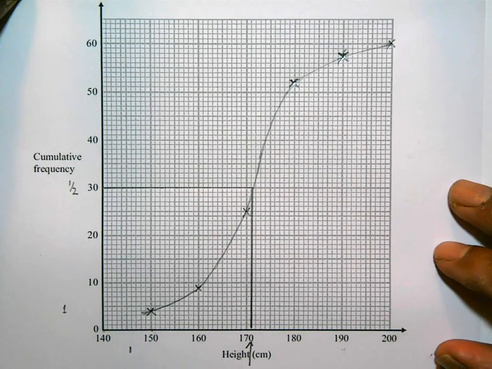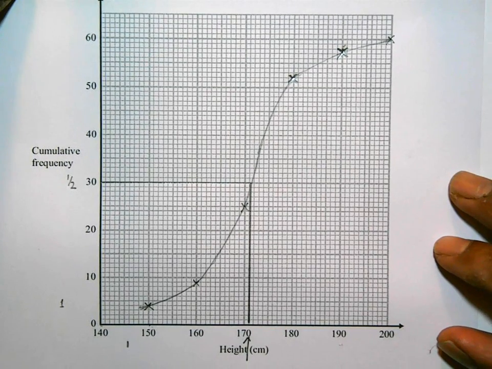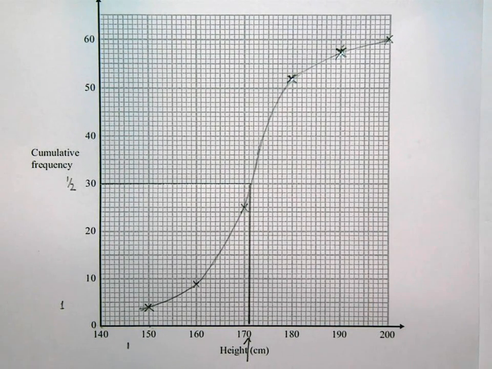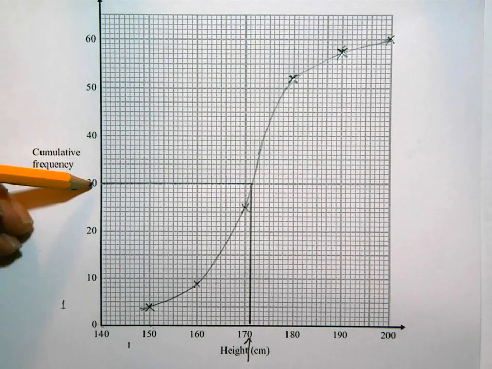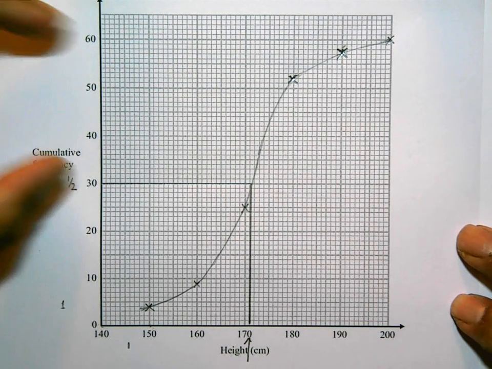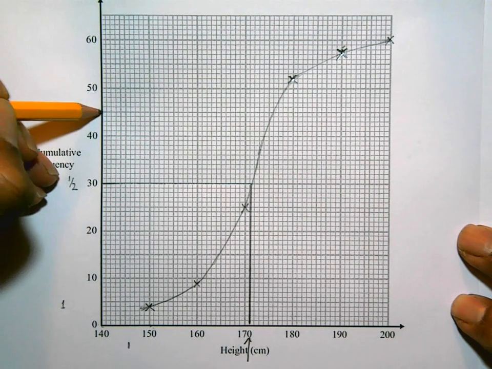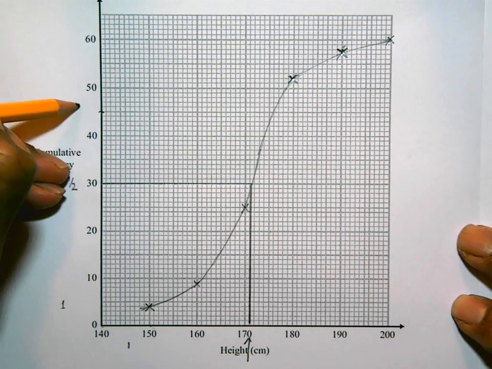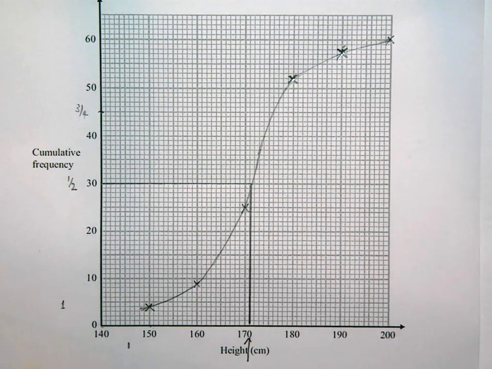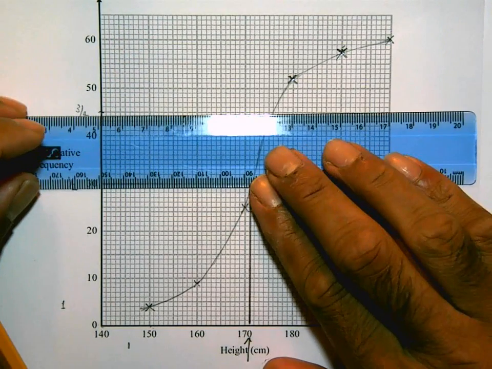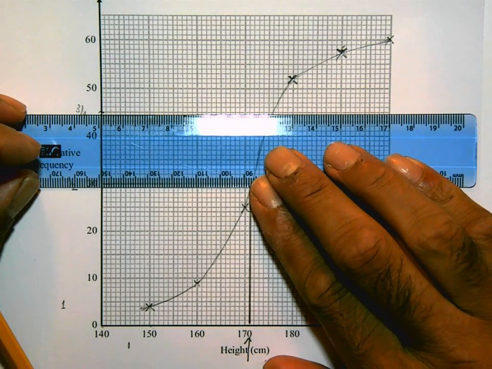To work out the upper quartile, I need to go 3/4 of the way, but given that I know that halfway between 30 and 60 will give me where I need to start off to find the upper quartile, that's 3/4 of the way along. So that's 45, and from there I need to go across and then down as I did before.